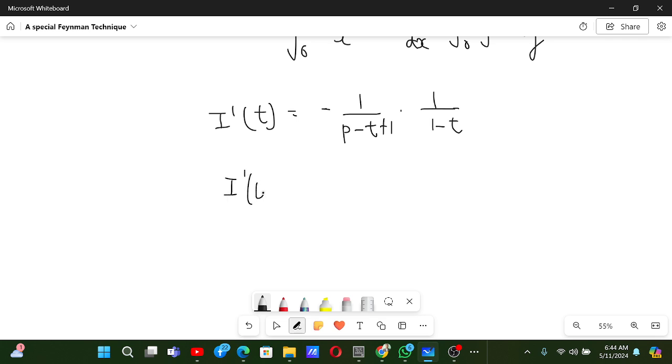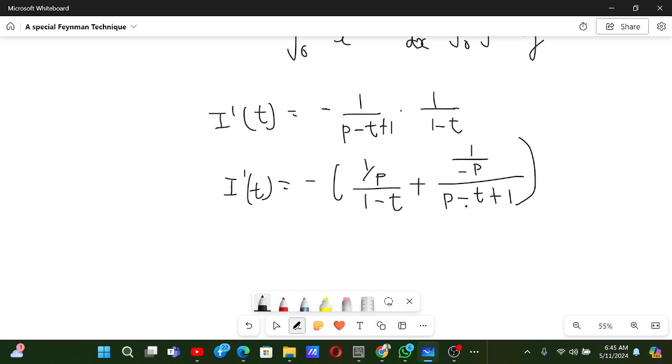I of t would be negative of the, now for 1 minus t, just substitute 1 over there, so 1 by p, and plus for p minus t plus 1 you need to substitute p plus 1. You get 1 by 1 minus p plus 1, so that is minus p.